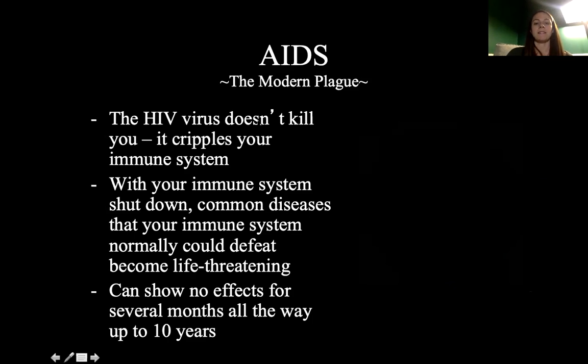The HIV virus isn't what actually kills you. It just cripples your immune system. With the immune system shut down, other pathogens can get in, other diseases can occur, and they can now be life-threatening because you don't have that second line of defense ready to fight them.